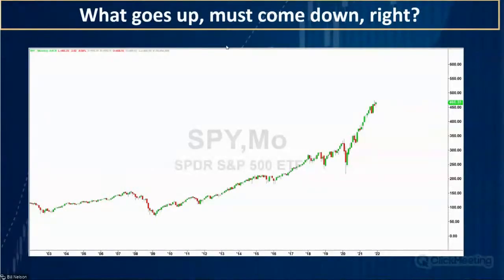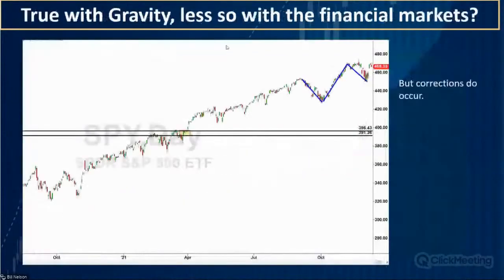What goes up must come down is more true with the laws of gravity, but less so in the financial markets. But corrections do occur, as we can see on the SPY chart. Just want to make sure we're all on the same page.